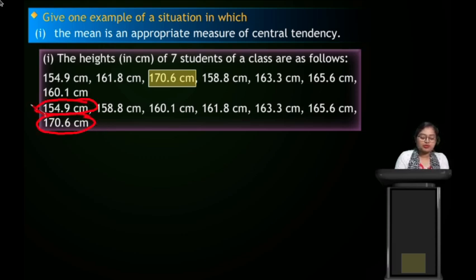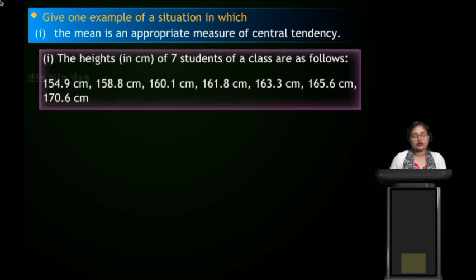So this is the smallest value and this is the largest value, isn't it? So these two are the extreme values. So the difference between the largest and the smallest value is very less here. So in such cases we use mean as an appropriate measure of central tendency.